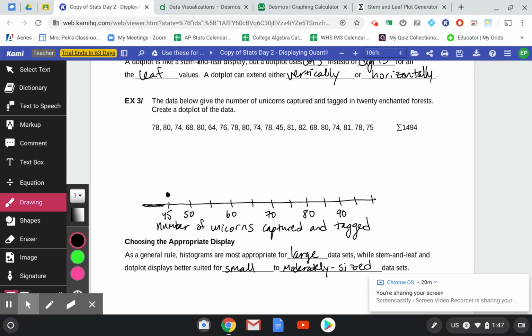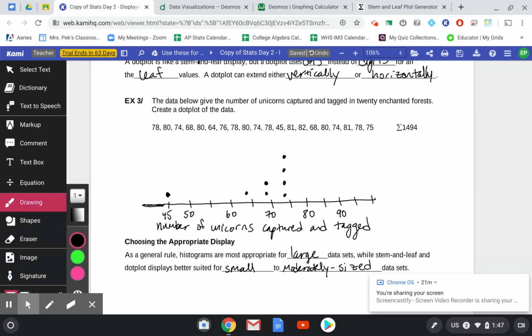So anytime we have just a single dot, we want to make sure they're in line horizontally. We had 2 of them here right below 70. In the 75 region, I had 1, 2, 3, 4, because we had a bunch of 74s.